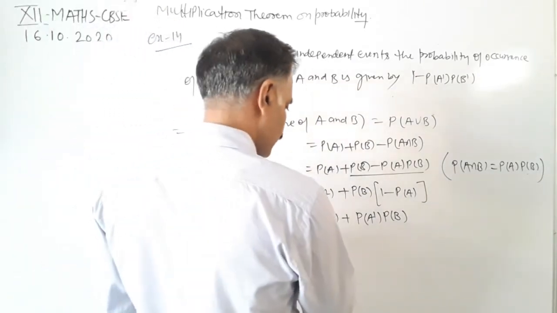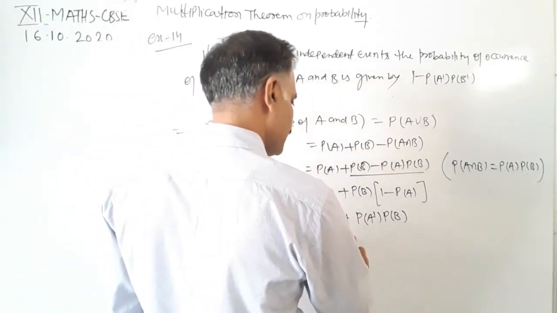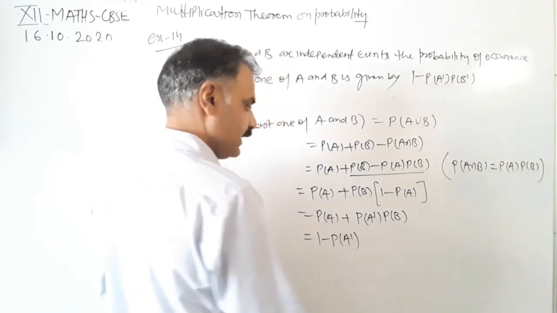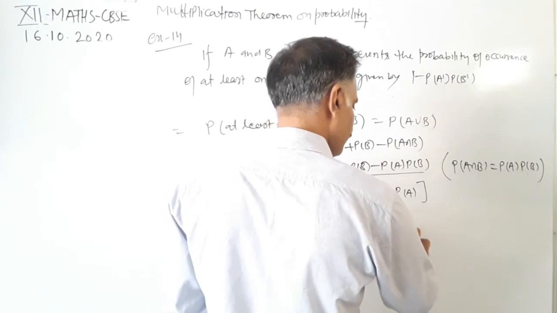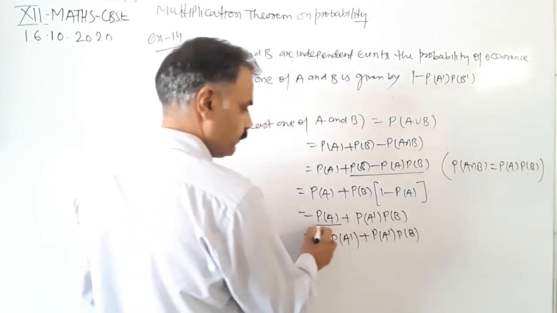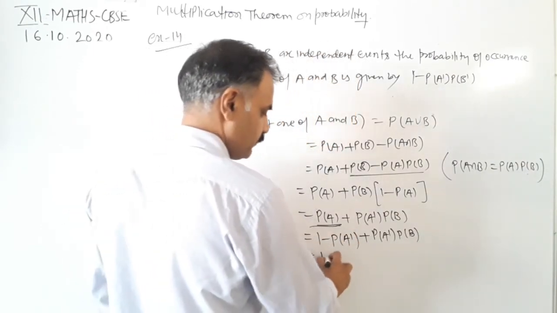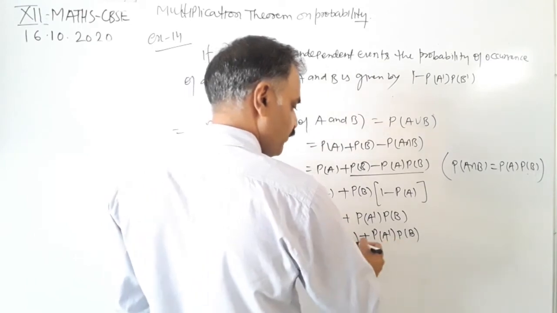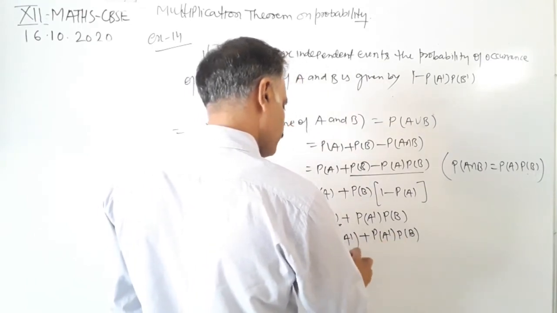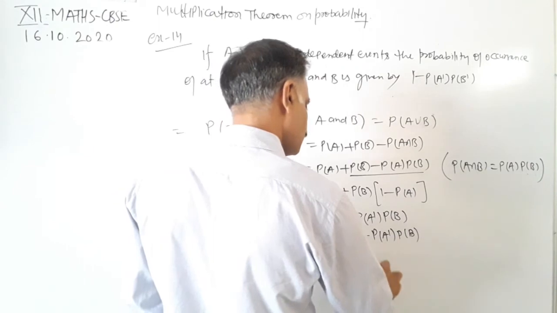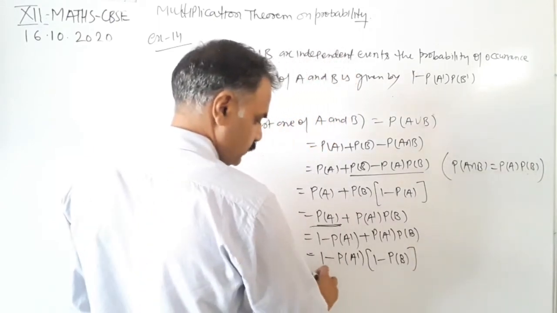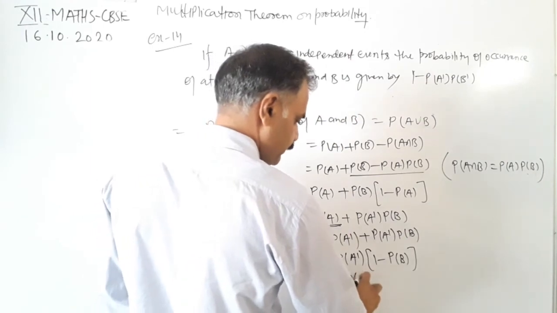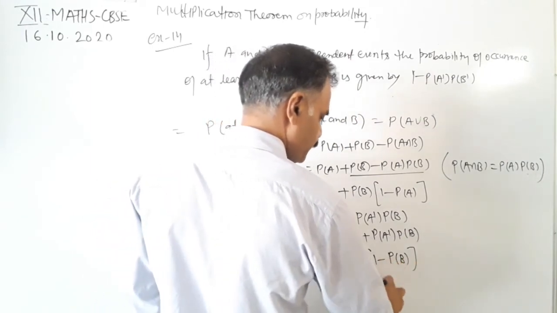Now PA can be written as 1 minus PA dash, so we have 1 minus PA dash plus PA dash into PB. Now taking PA dash as common from the second and third term, we get 1 minus PB. So this equals 1 minus PA dash into PB dash.